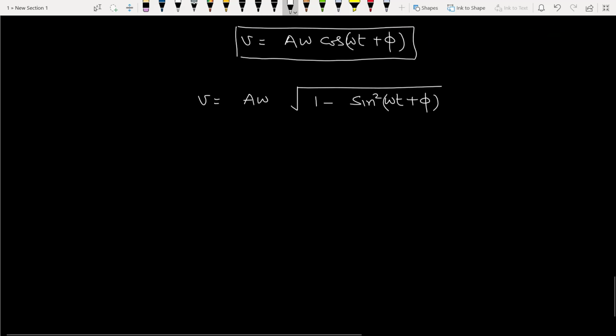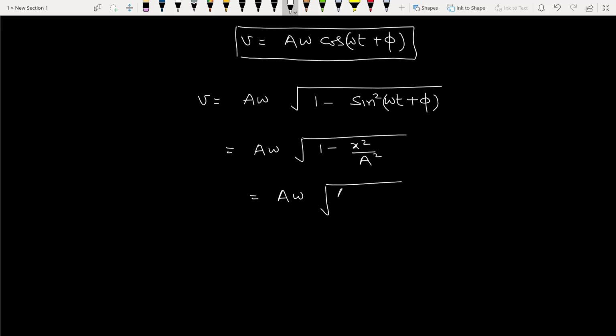When we substitute it here, it will be a omega square root of 1 minus x square by a square. So a omega root of (a square minus x square) divided by a square. This a will cancel out with a square. So velocity will come out to be omega root of (a square minus x square).